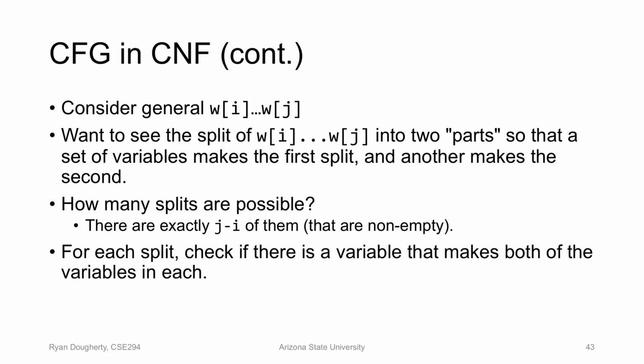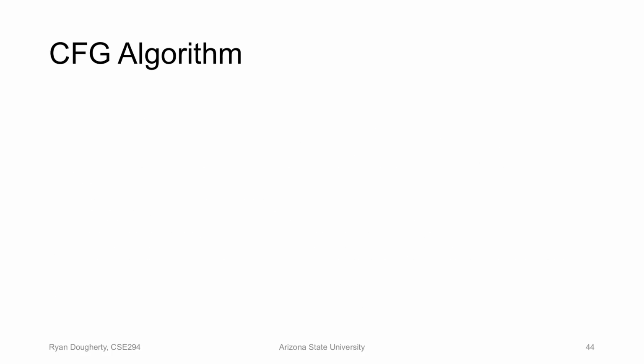So for each of these possibilities, we check if there's a variable that can make the first part and a variable that makes the second part, and then we figure out if a variable can make the first one and the second one. Okay? That's essentially what we're doing. And then, once we bottom up parse this entire thing, we ask if the start variable can make the entire string. Easy.